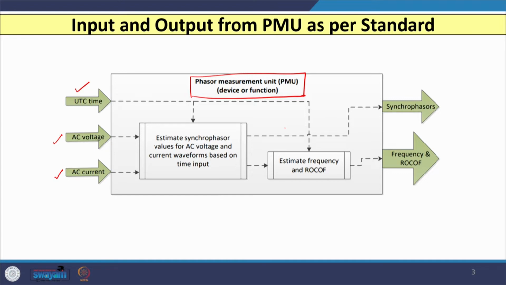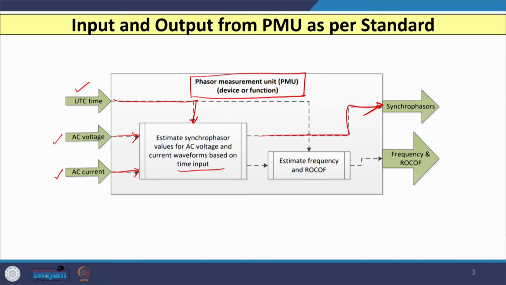With these three signals, the inside algorithm of the PMU, as we discussed in the block diagram of a generic PMU, carries out phasor estimation of the voltage and current signals based on the time input. The time signal is also given for time stamping, and the output is given in terms of phasor values, which is what we are interested in.